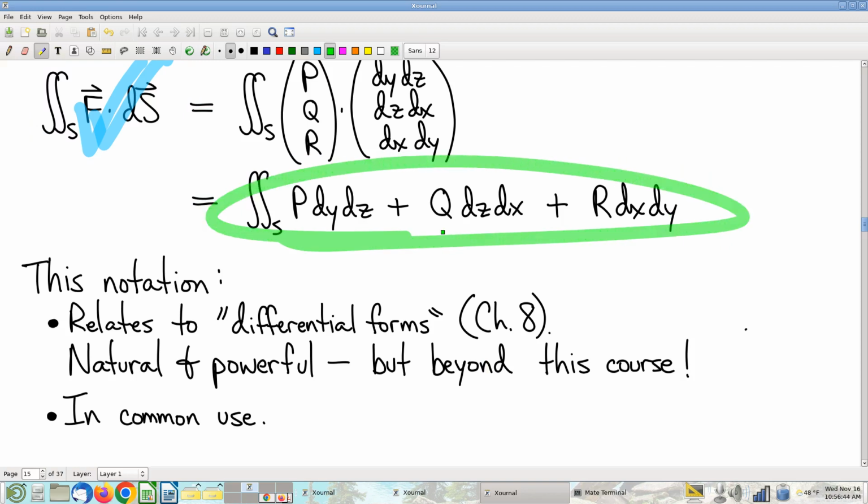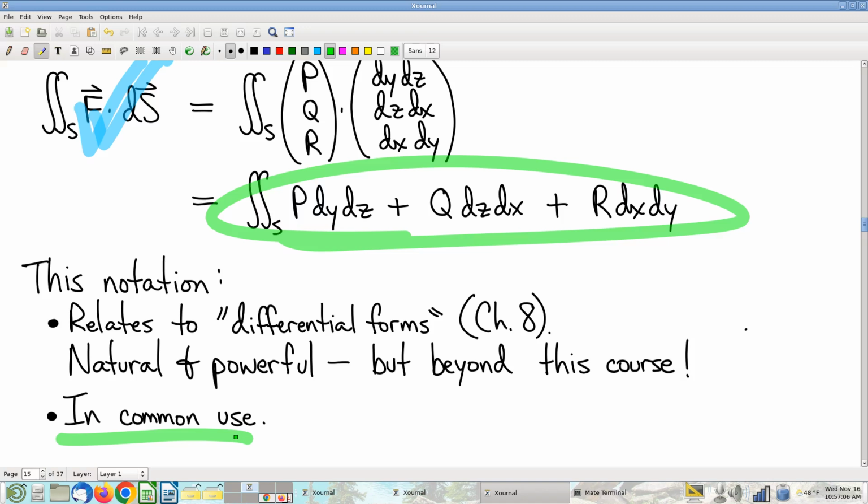This notation here, because it's in common use, that's why you need to know it. You're going to see this. My advice is that when you see a surface integral, an integral over a surface, and then a function, and then coordinate differentials dy dz, pretty weird.